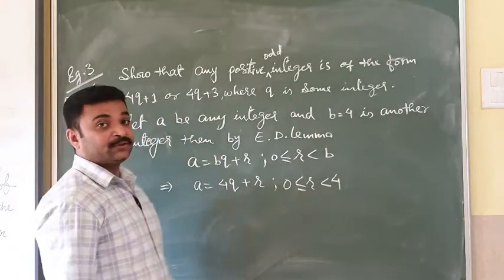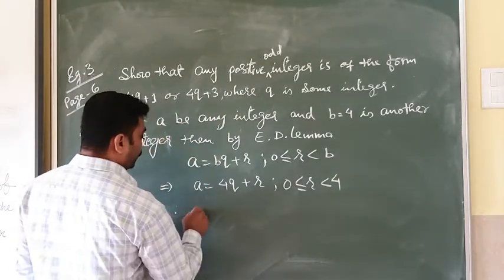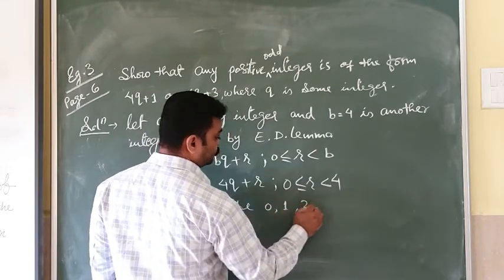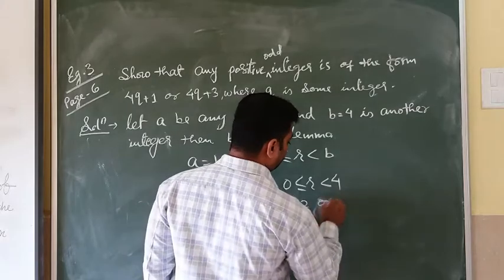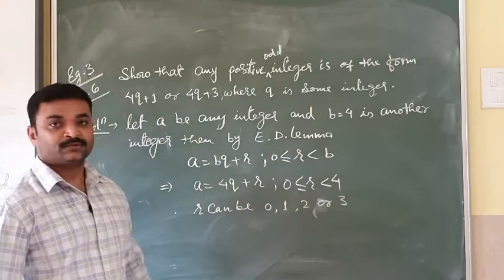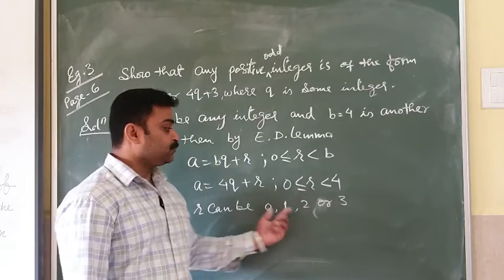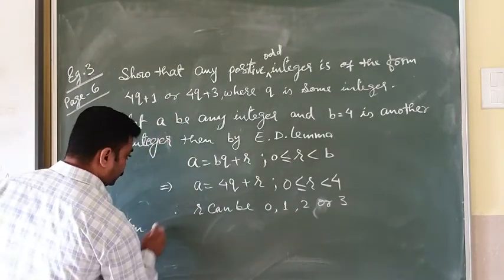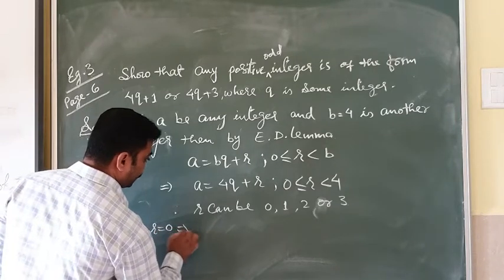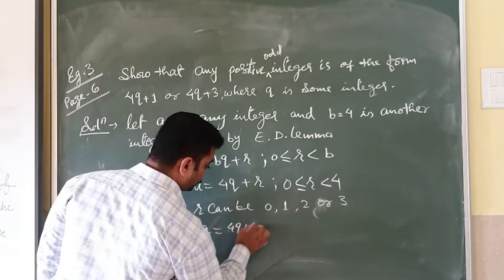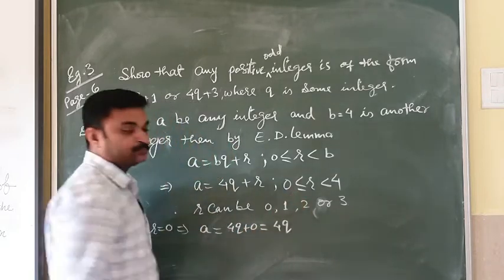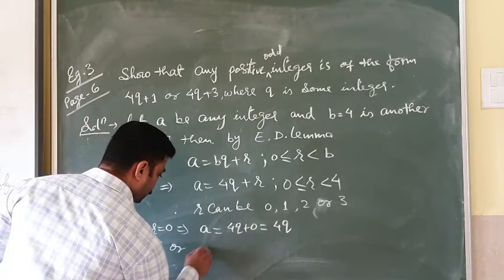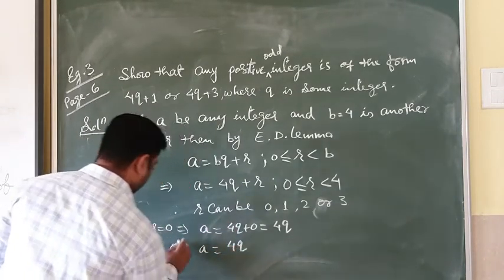So what are the possible values of r? Therefore r can be 0, 1, 2 or 3. Got it? When r is equal to 0, this implies a is equal to 4q plus 0, which is 4q.